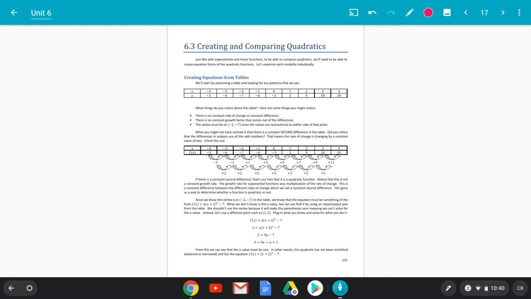Negative b plus or minus the square root of b squared minus 4ac, all over 2a. Now that little 2a, I'm going to talk about at the end of the day today, and I'm going to show you something really cool about it. That's what we did in 6.2.